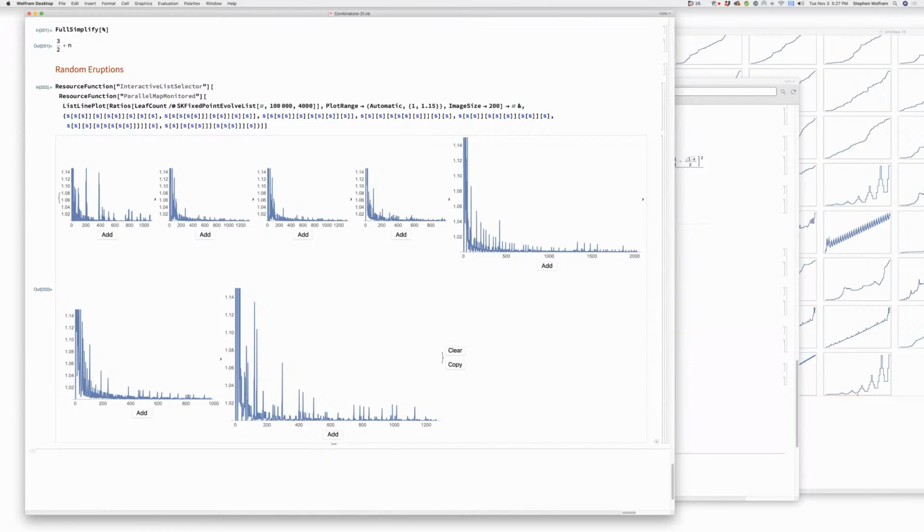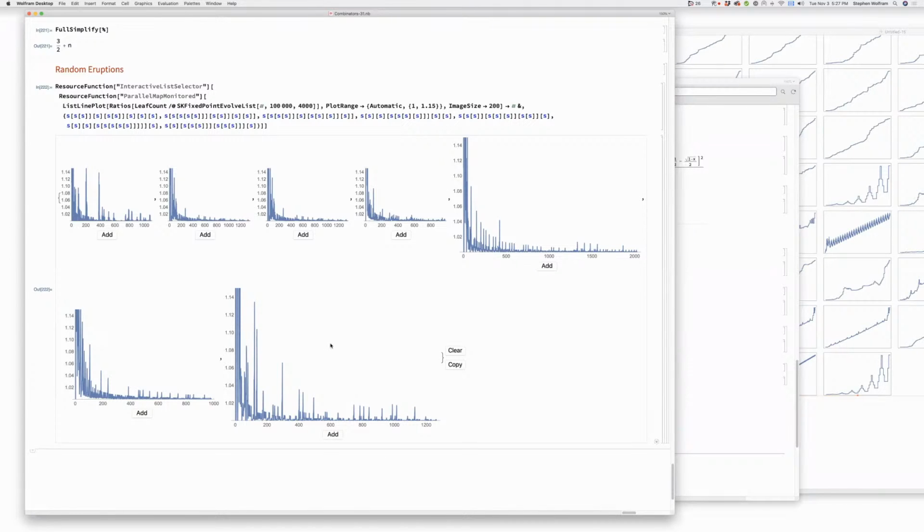That's complicated. What I'd hoped to find here was a baseline that explains why this thing keeps increasing in size, because then I can remove that and look only at these eruptions.